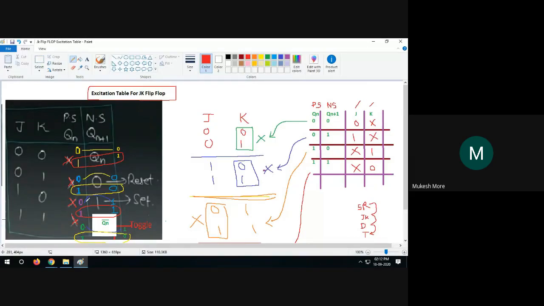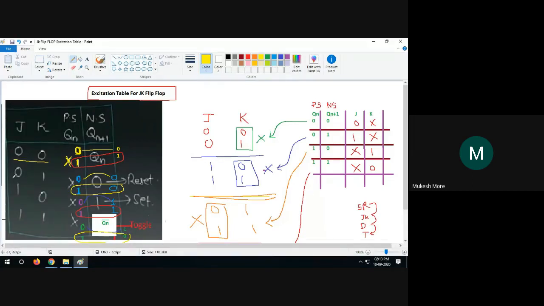Okay. Now see what I am writing here. This is the don't care which has two values, 0 and 1. So for the combination J equal to 0, K equal to 0, Qn present state equal to don't care means it may have 0 value or 1 value. This is the first condition.